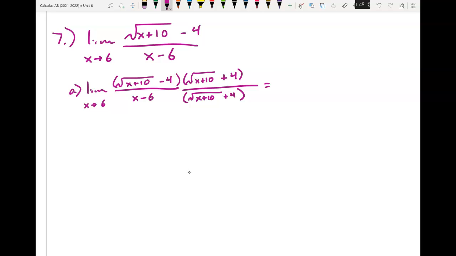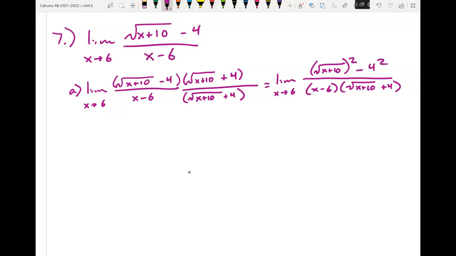So this whole multiplying up here, we can use a difference of squares to help us out with that. I am not going to distribute or multiply the denominator. I'm just going to leave that as x minus 6 times the square root of x plus 10 plus 4. But in the numerator, with the difference of squares, I'm going to have the square root of x plus 10 squared minus 4 squared. That will cancel out my square root, which is what I want.